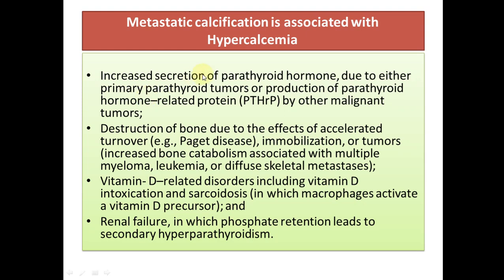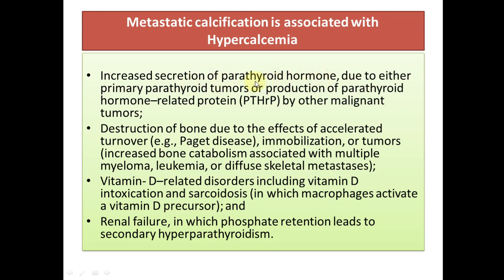So, the conditions that can lead to hypercalcemia include the excess secretion of the parathyroid hormone, and we know that parathyroid hormone is the major hormone that controls calcium homeostasis in the body.